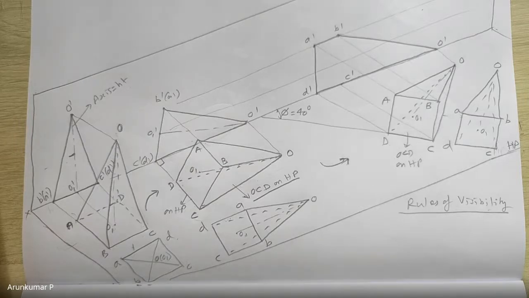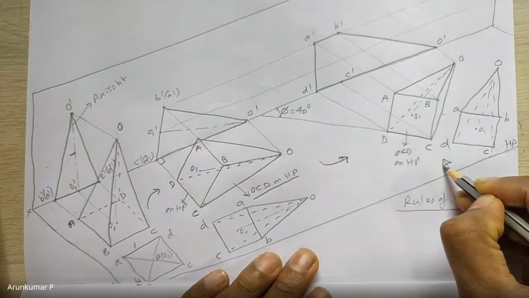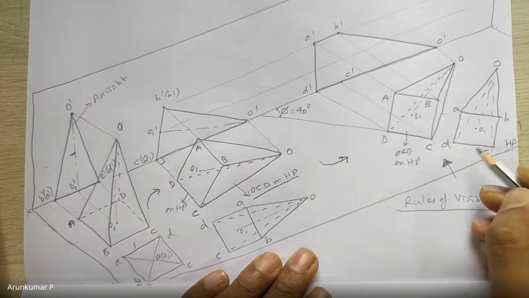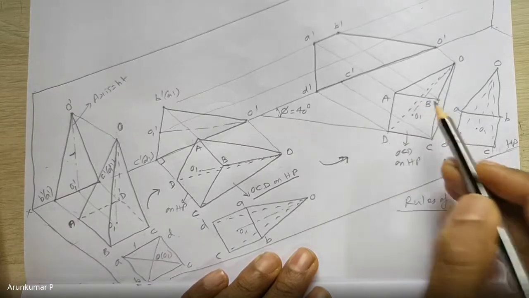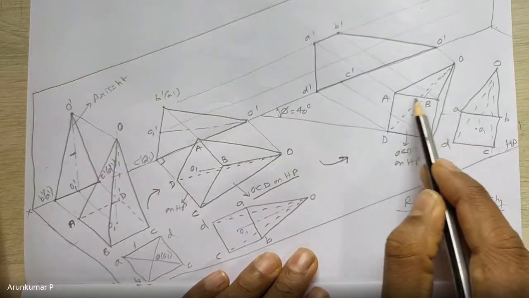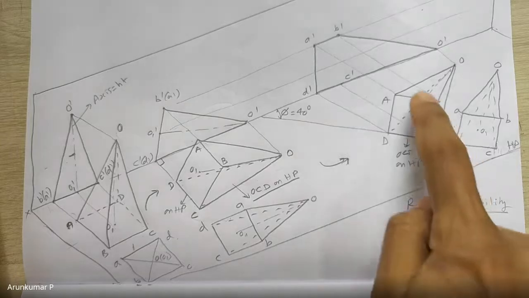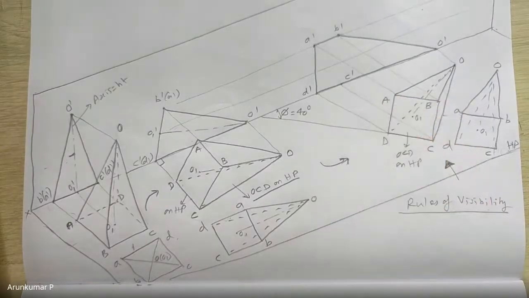Just for the sake of an example, if you are looking from the front, as you always are, then will you be seeing this base ABCD in the front view? Yes or no? Is the base right in front of you? Can you see the base ABCD?